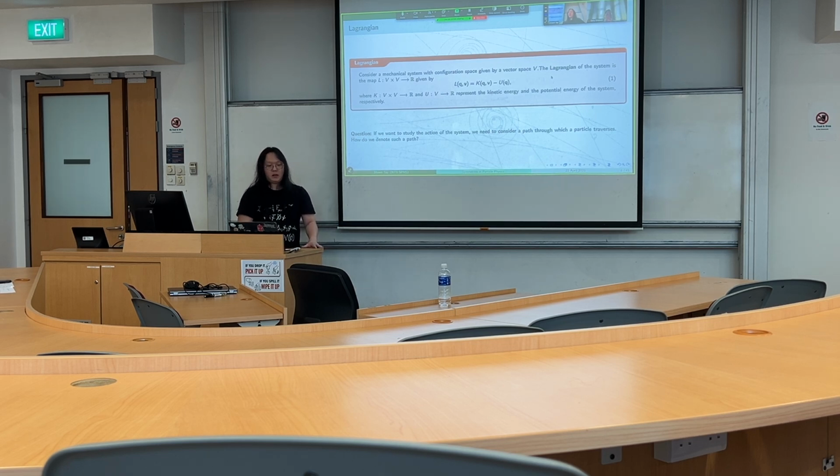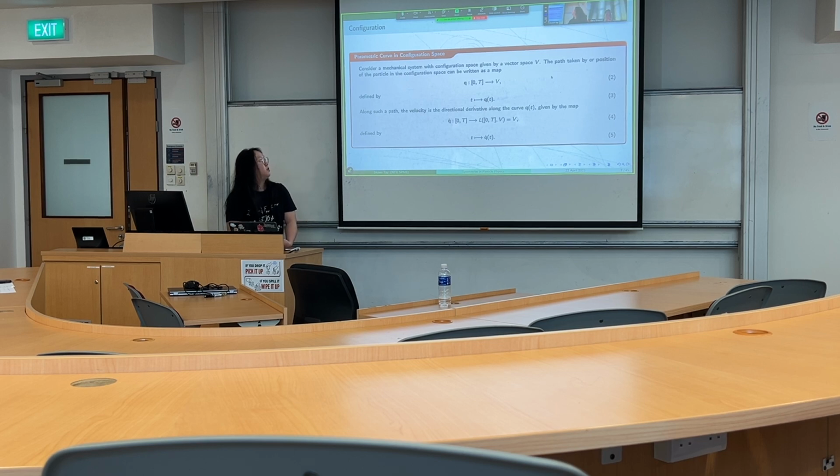The problem here is that for Noether's theorem, we want to study the invariance of an action functional, right? So we need to consider a path through which a particle traverses. And our first job is to figure out a way to denote such a path, which is, I think, some basic calculus. So we want to parameterize.